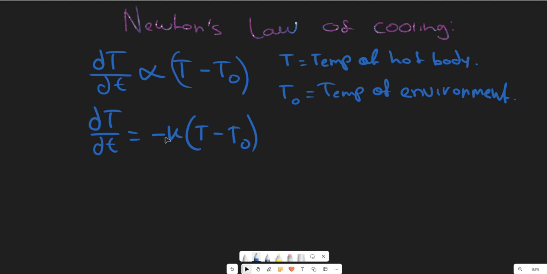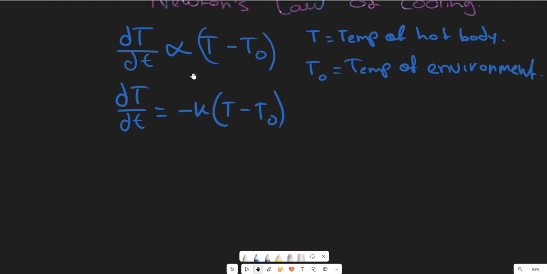So now, why is it negative? It's negative because the temperature of your hot body will decrease and approach the temperature of the surroundings.